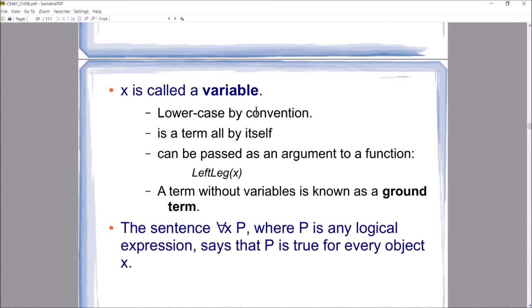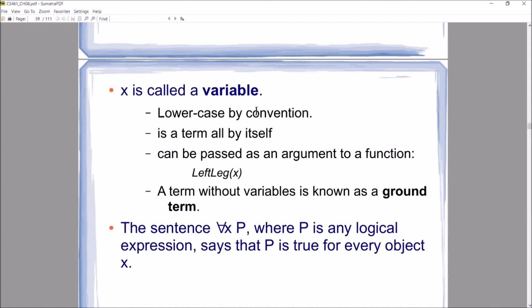Now if you take a look at the sentence for all x P, where P represents any logical expression, this is saying that P is going to be true for every object x in an extended interpretation.